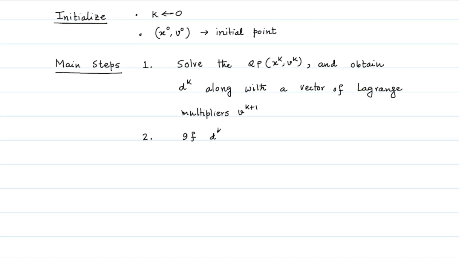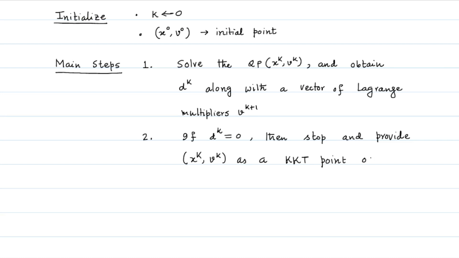If dk is the null vector, then we stop the process and provide the point (xk, vk) as a KKT point of the given problem, capital P. Or else, if dk is not equal to 0, then we update the iterative points to xk plus dk.